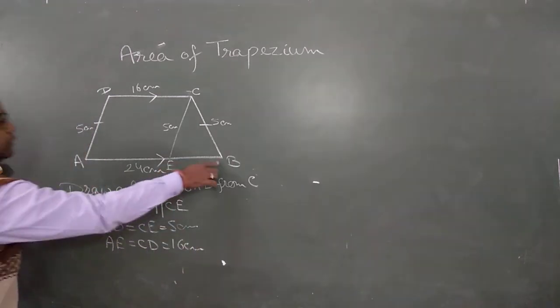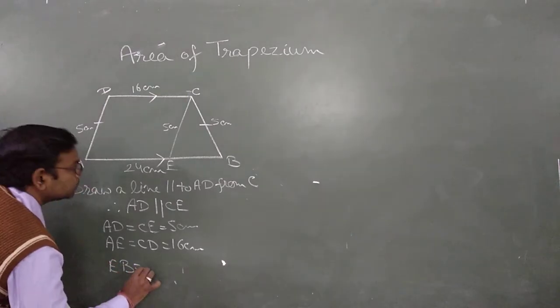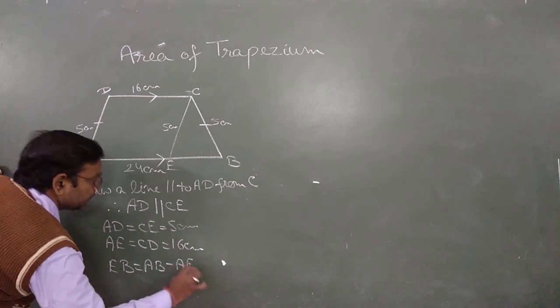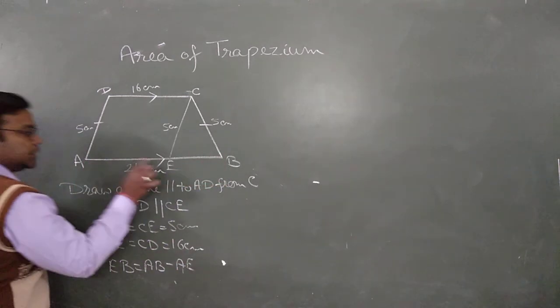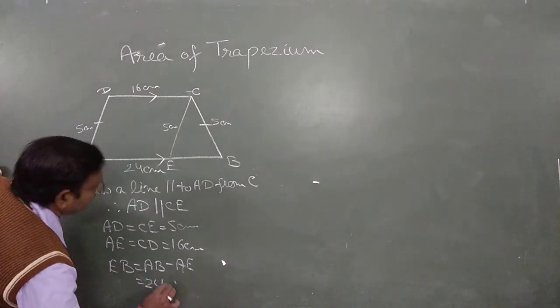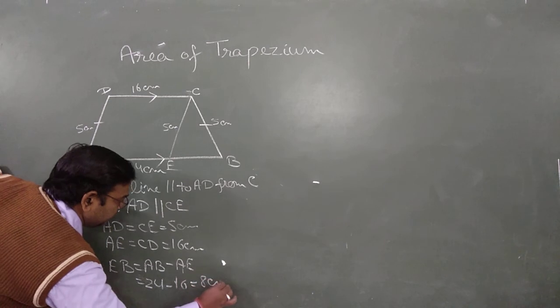So what about EB? We can say that EB equals AB minus AE. So it's 24 minus 16 equals 8 centimeter.